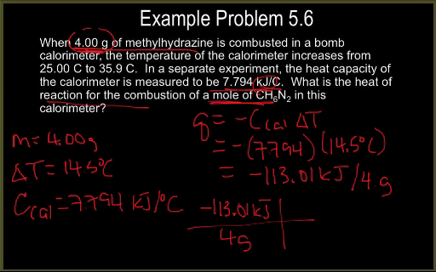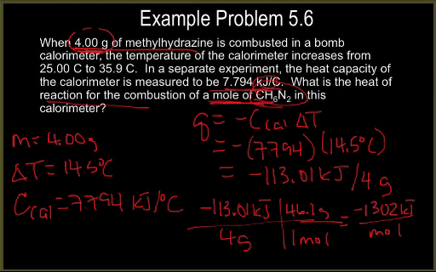We want to know what it is per 1 mole. So I'm going to put 1 mole on the bottom, and I'm just going to do a molar mass conversion here. So methylhydrazine is CH6N2. When I add all those up, that molar mass is 46.1 grams. So when I solve for that, it's 1,302 kilojoules per mole of methylhydrazine.